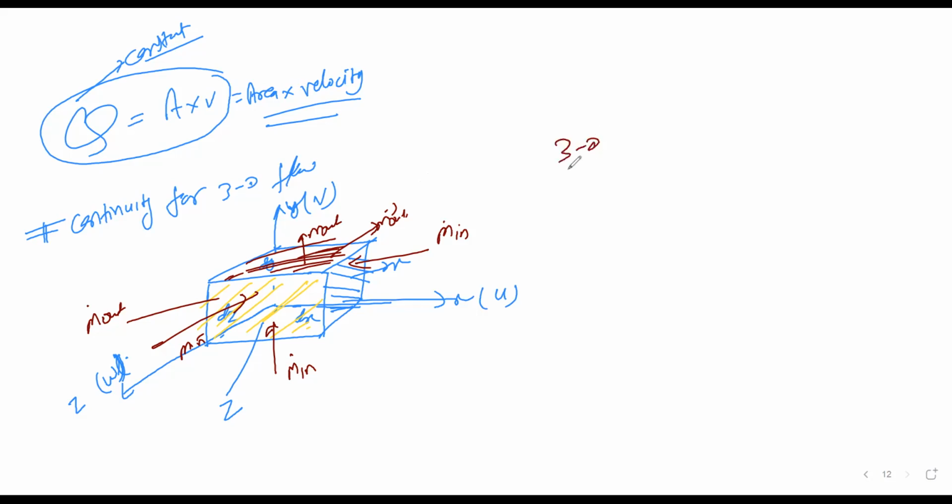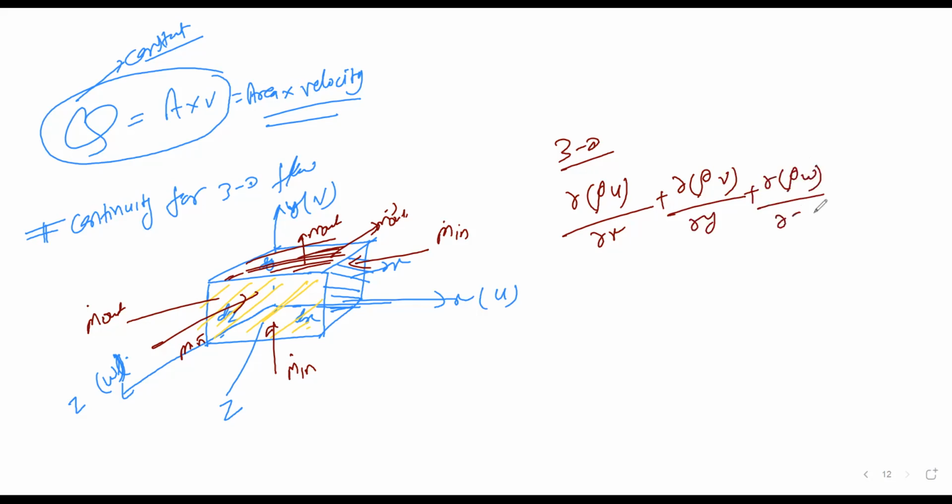3D equation. It's dou rho u by dou x plus dou rho v by dou y plus dou rho w by dou z plus dou rho by dou t equal to 0.